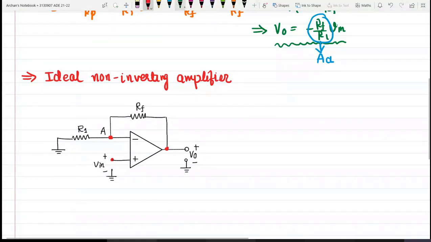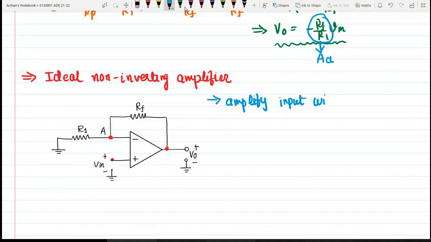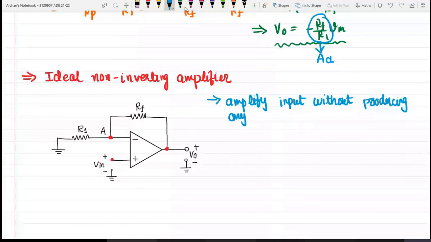So this circuit will amplify the input without producing any phase shift between input and output. Okay, so this configuration is known as a non-inverting amplifier.